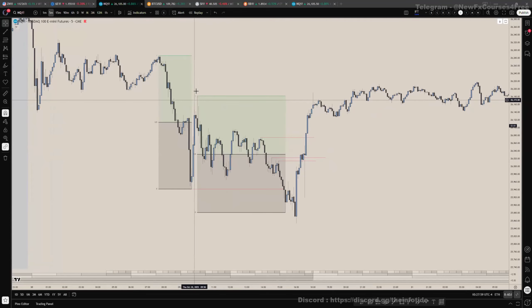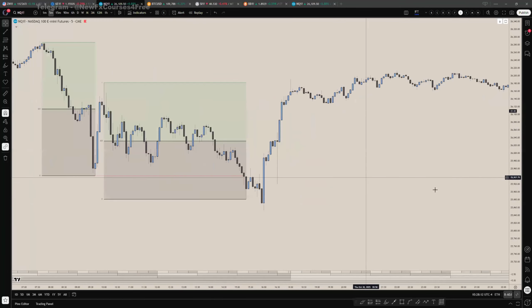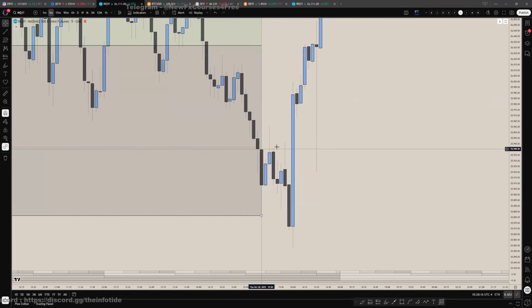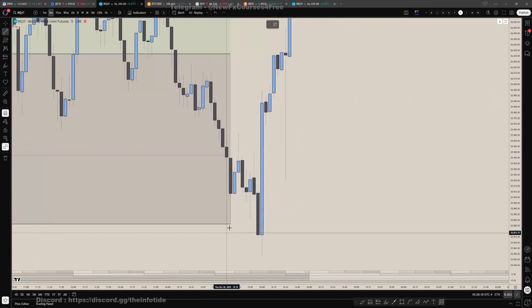Protected high because this is the swing high, the highest high within the previous range, right? So this is the new dealing range that I'm paying attention to. We break below this low, external range liquidity, we trade back into internal range liquidity in this case, we have this fair value gap, internal range liquidity, and it trades lower. And what does it do?